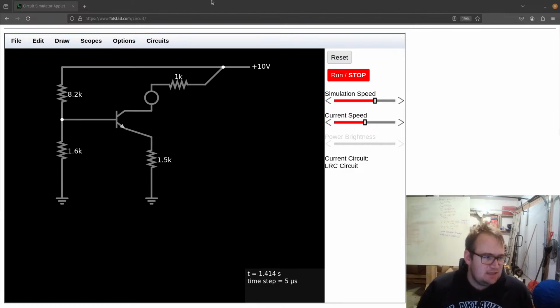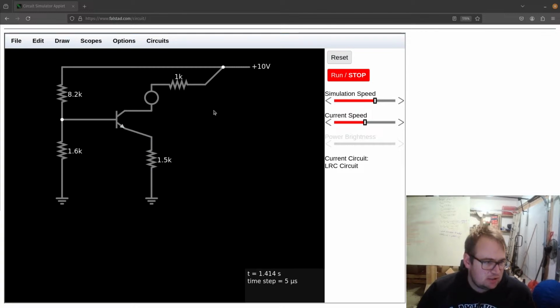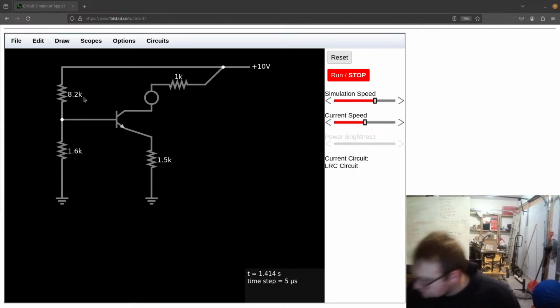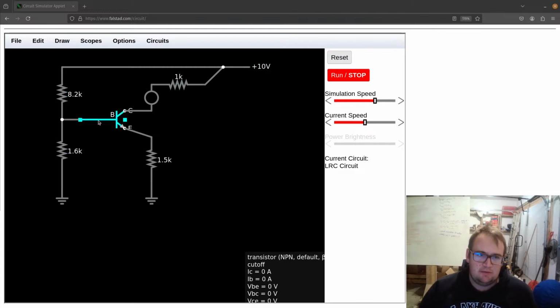So I'm guessing they want us to figure out what's going through this current right here. My guess, again, I'm not entirely sure, is that they want us to find what current would be going into the base and driving this.